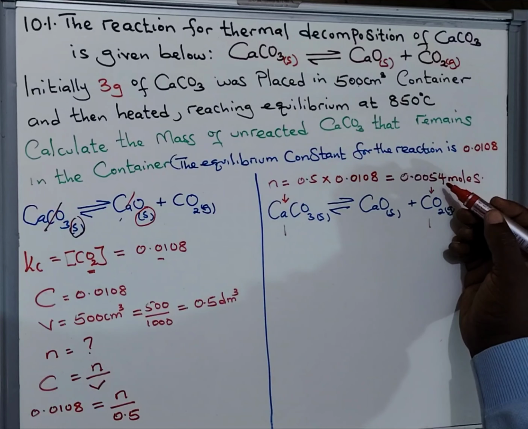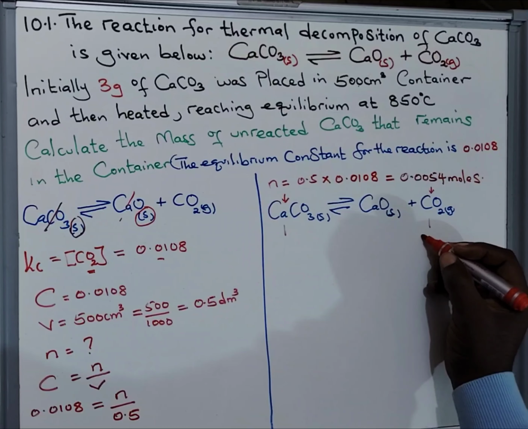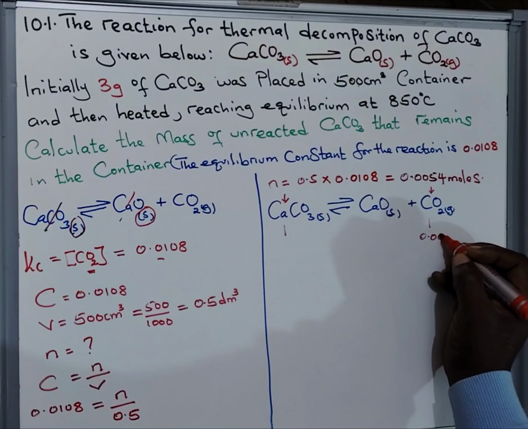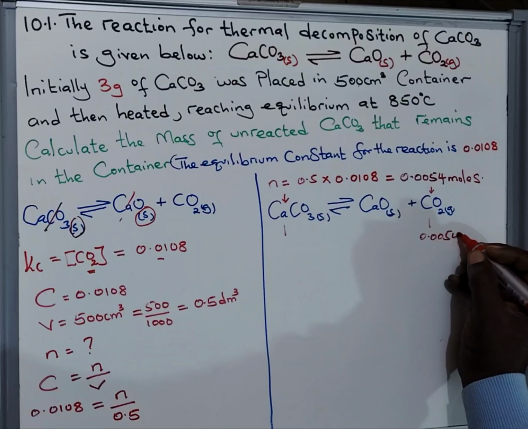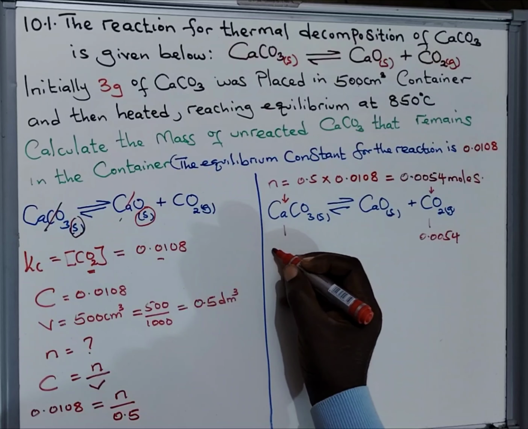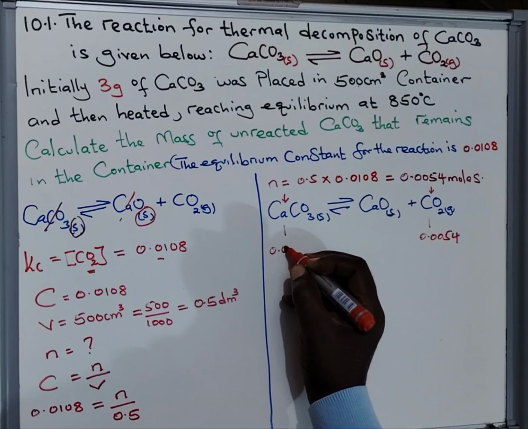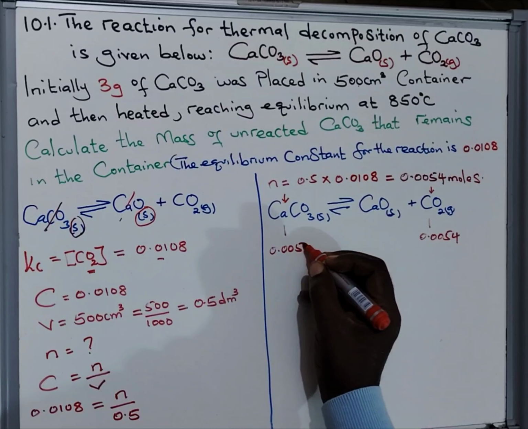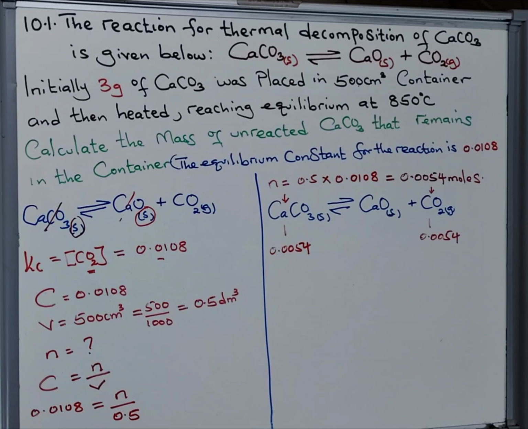But you have to remember that this number of moles is 0.0054. So if 1 is to 1, therefore this side we are going to have 0.0054. What does that mean?